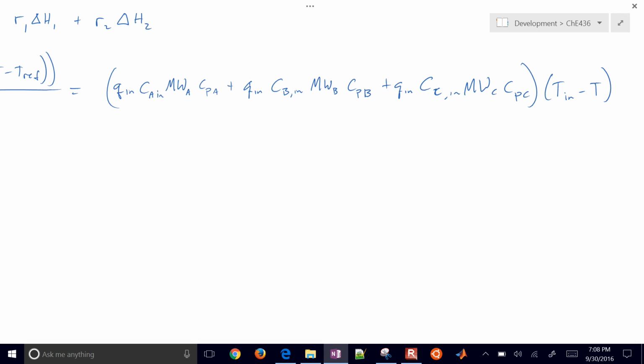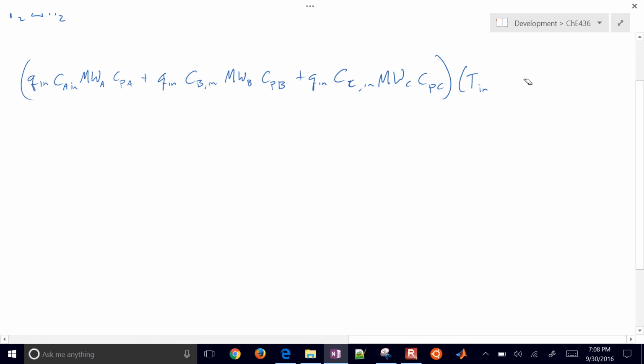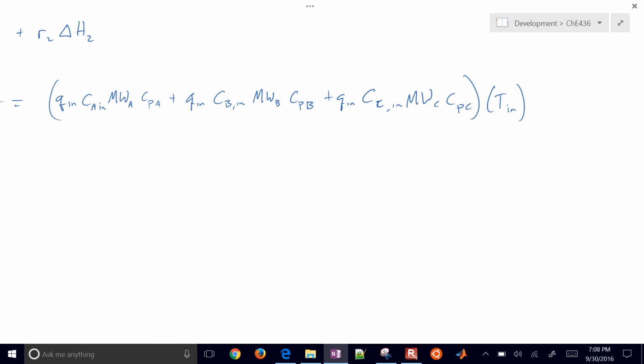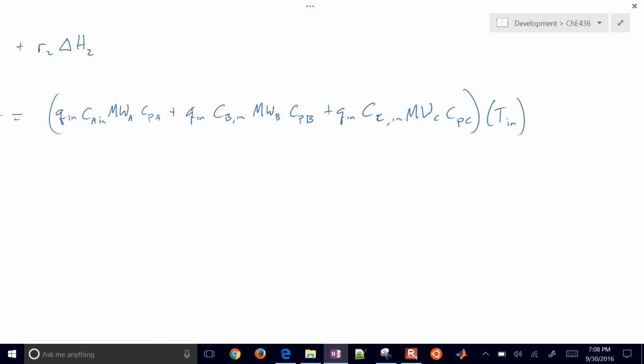And you know what? I can't do that because those are not going to be the same amounts of each one. The heat capacity might change between those, so let's do a minus, and then you'll do this same thing, but you'll use the Q times CA, molecular weight of A, times CPA.